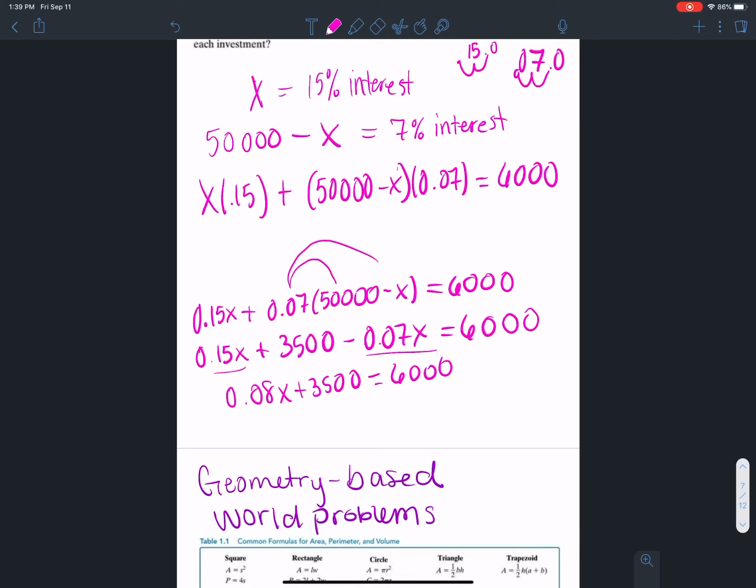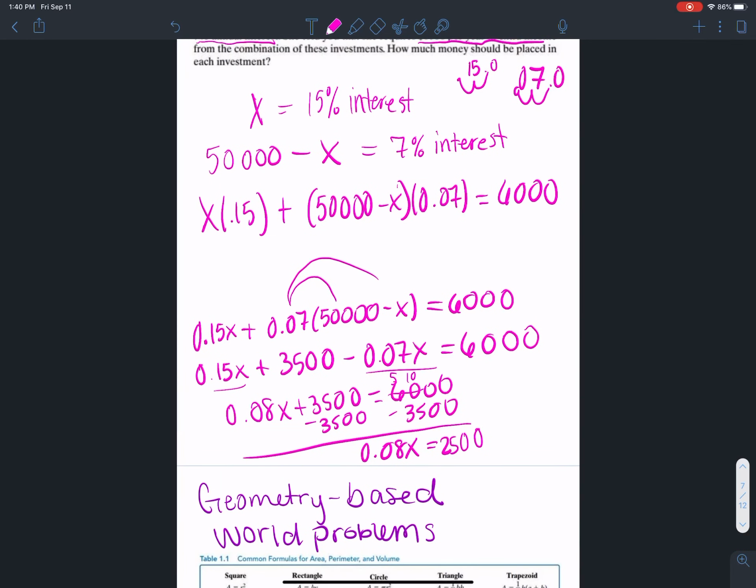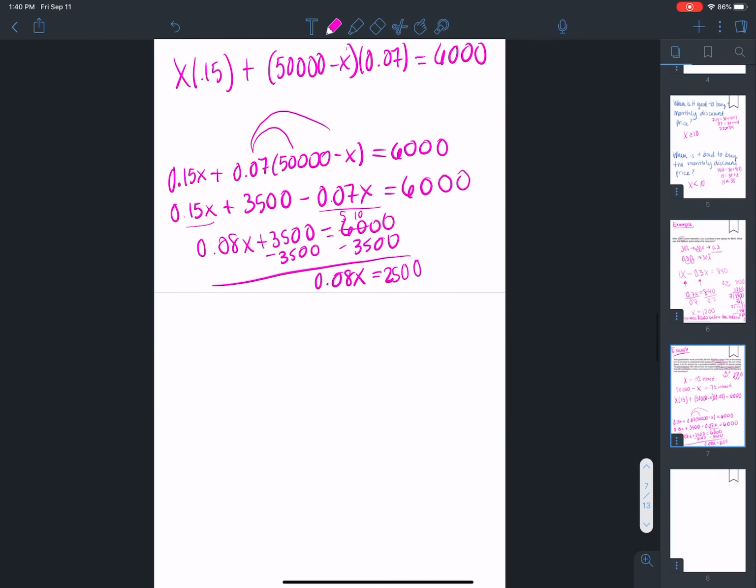Okay, and then combine your constants on one side, variables on the other, and you're left with 0.08x equals $2,500.